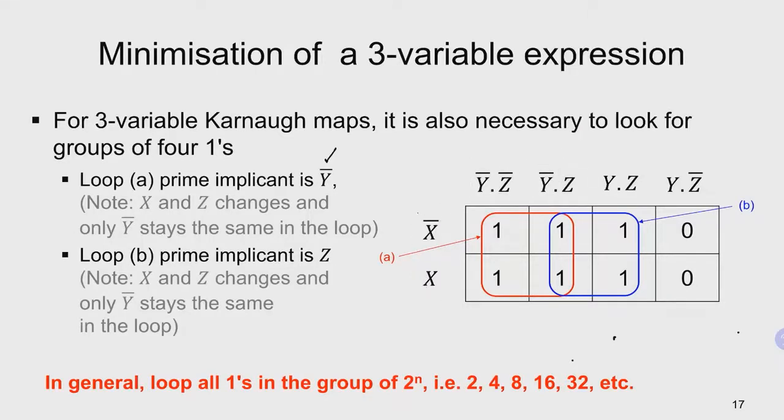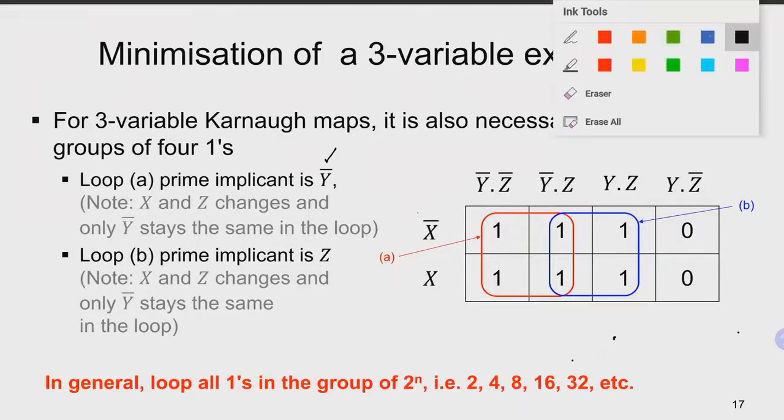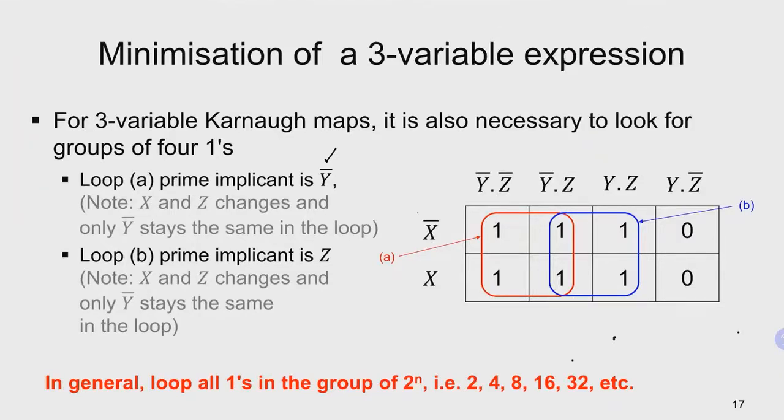Okay, the next loop. So here you see that within my blue loop, X also changes from X bar to X. And here, Z is the one that remains the same.